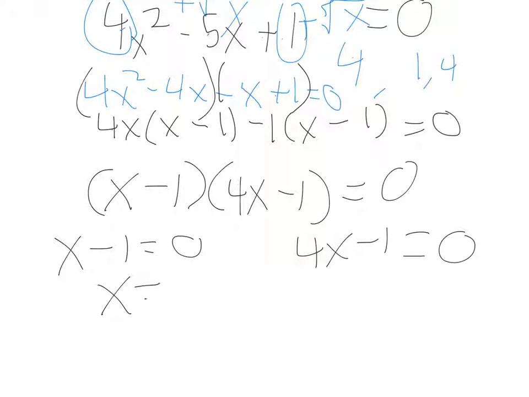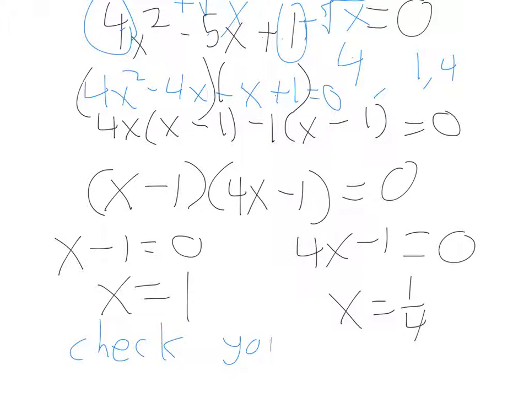That means x is equal to 1, and if you solve 4x minus 1 equals 0, x would be 1/4. You can check it by plugging it in, but I will tell you that they both work. Remember, you just check them by plugging them both into our original equation to make sure you get the same answer.